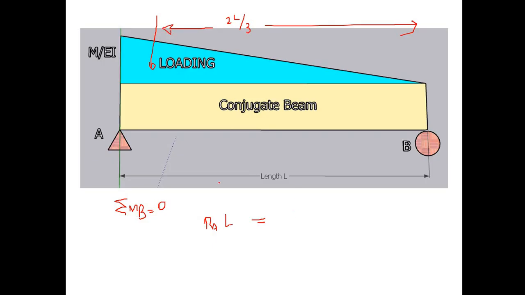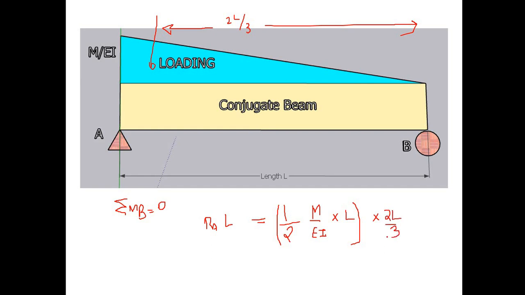The M by EI diagram is the load diagram, so the load is half into M by EI multiplied by L. Then you multiply it by 2L by 3.